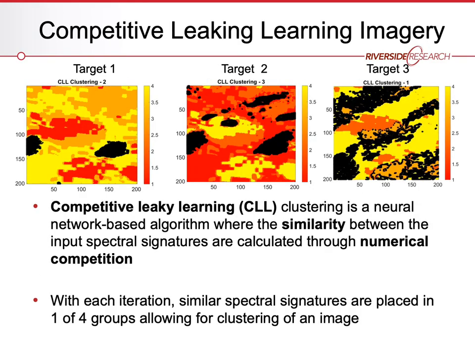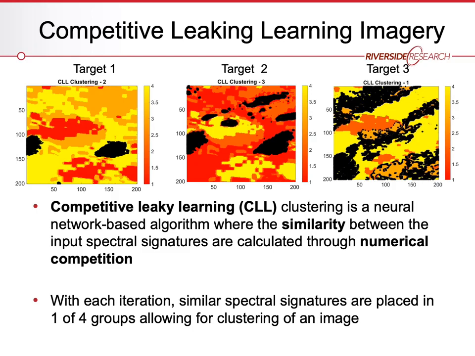The second machine learning algorithm that was used in processing the HSI data was competitive leaky learning. Competitive leaky learning clustering is a neural network based algorithm where the similarity between input spectral signatures is calculated through numerical competition. With each iteration of the numerical algorithm, similar spectral signatures are placed in one of four groups, allowing for clustering of an image.